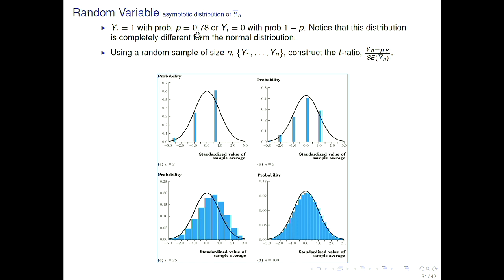From this underlying distribution, we draw a sample of size 2, and then we construct the distribution. Because it is a discrete random variable, it takes only 2 possible values. When we have a sample of size 2, the average can take 3 values: 0, 0.5, and 1.